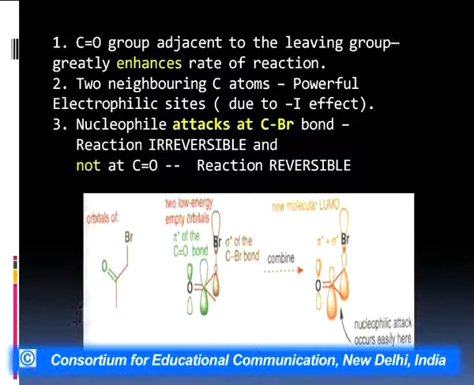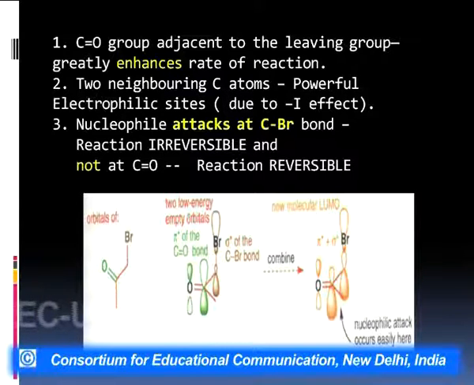So this carbonyl group will help in cleavage of the C-Br bond, and it also increases the leaving ability of Br. Now both these carbons, the carbon to which the Br is attached and the carbonyl carbon, are highly electrophilic, because Br pulls the electrons, and at the same time the carbonyl carbon is also pulling the electrons from the carbon to which the bromine is attached.